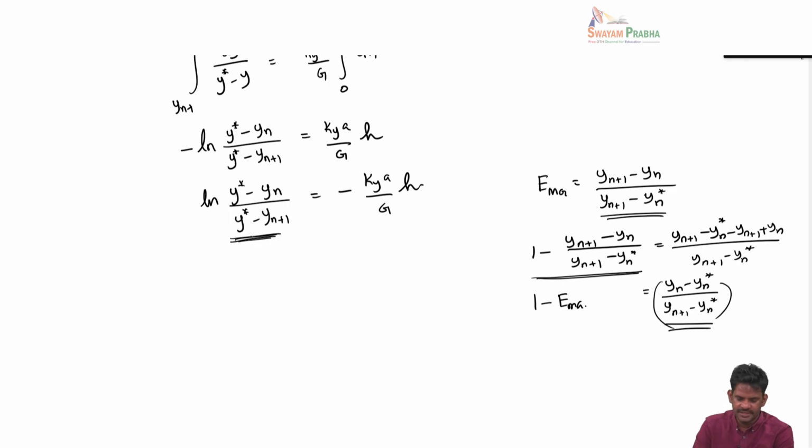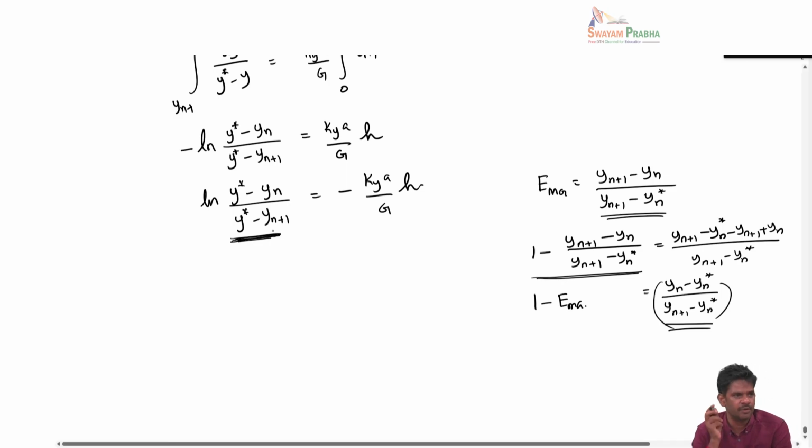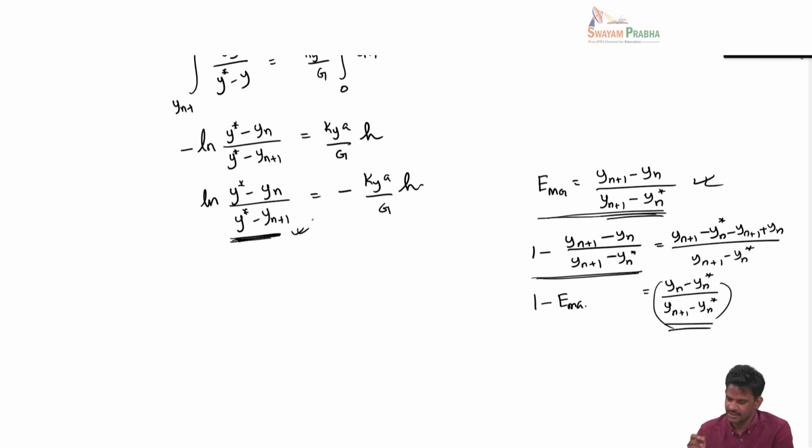What I am trying to say is that this particular term is not in the form of the Murphy efficiency, so I am trying to rewrite it. I am looking at the definition of Murphy efficiency, and these two do not match exactly. However, if I write 1 minus EMG, that term seems to be this.